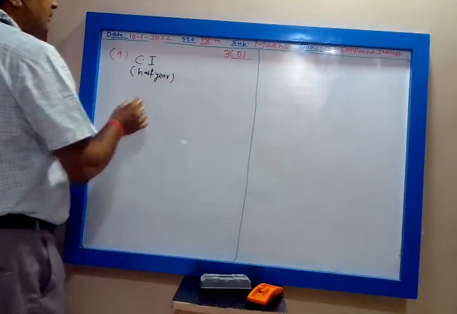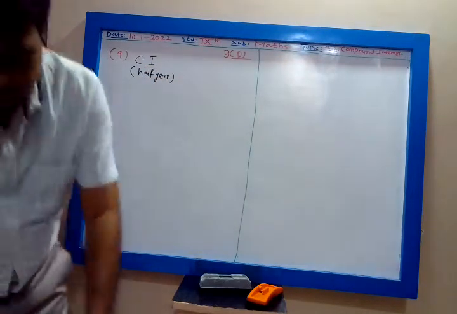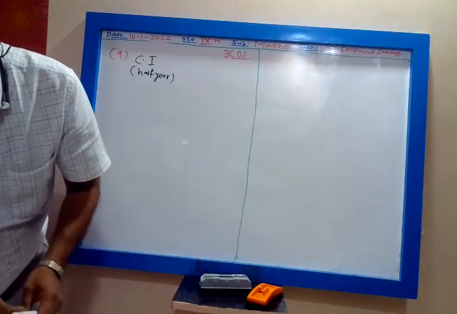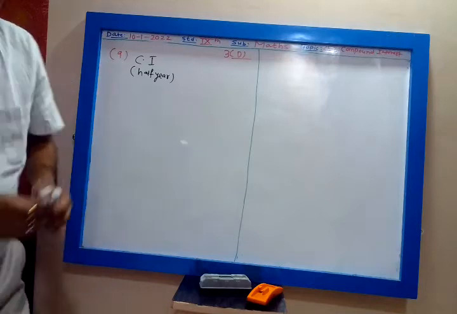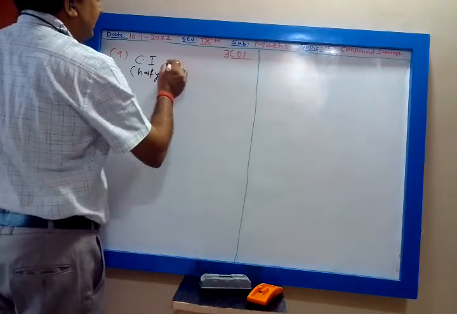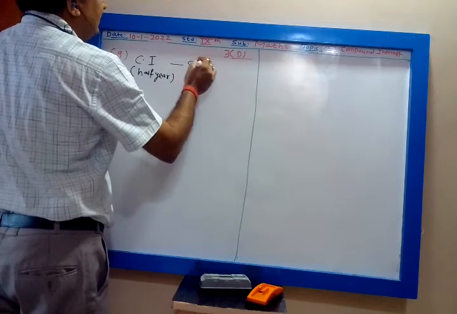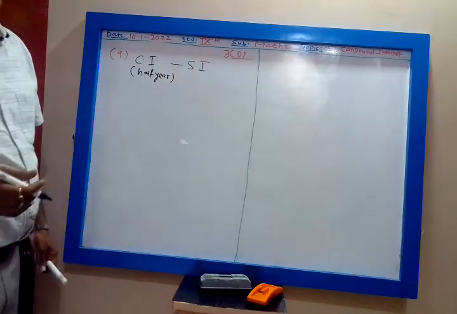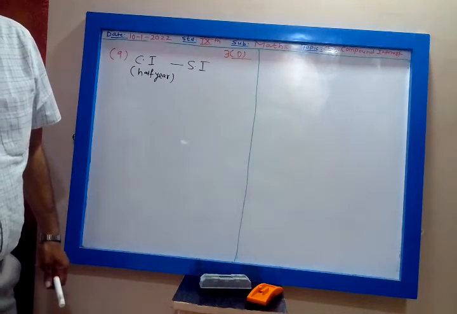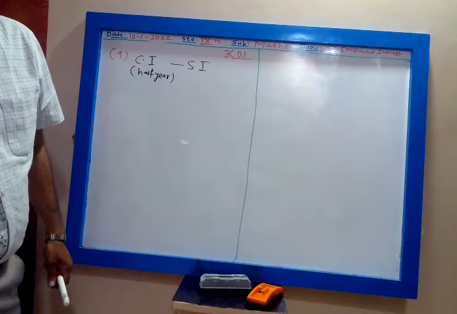Compound interest payable half yearly and the simple interest. Their difference is CI minus SI. And SI is yearly.